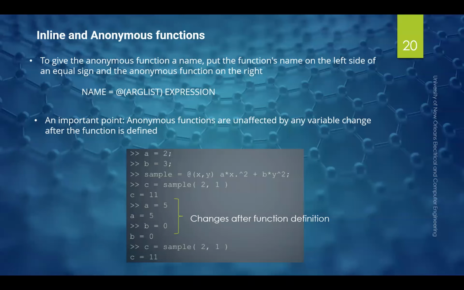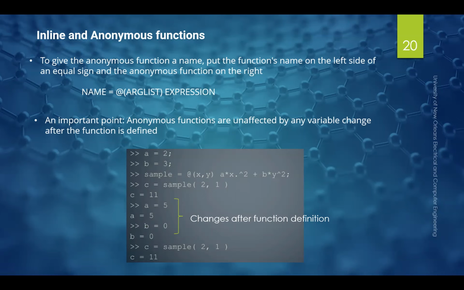So, and we'll do an example. Now, one point to remember, and we'll see this in the example, is that anonymous functions are unaffected by any variable change after the function is defined. We'll see how that works, right? So in this case, we really have a function ax squared plus by squared, right?